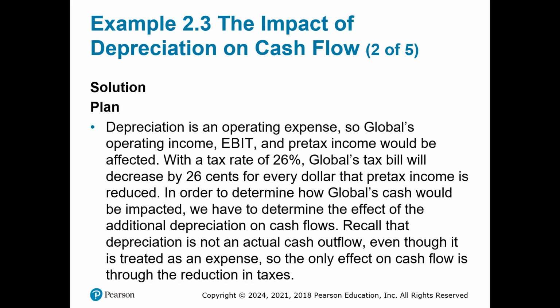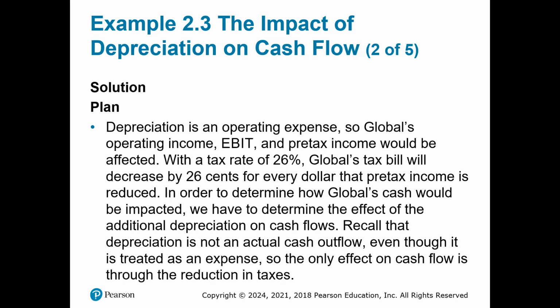Okay, so depreciation is an operating expense. We know that. So Global's operating income, the EBIT, and pre-tax income would be affected. With a tax rate of 26%, Global's tax bill will decrease by 26 cents for every dollar that pre-tax income is reduced.